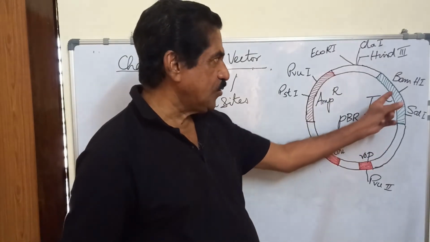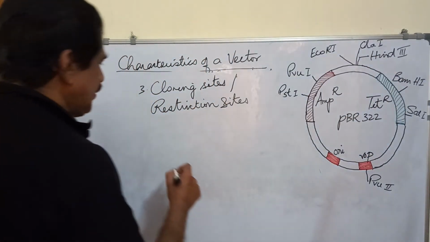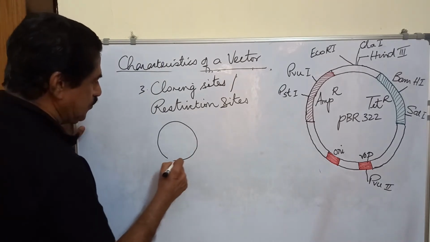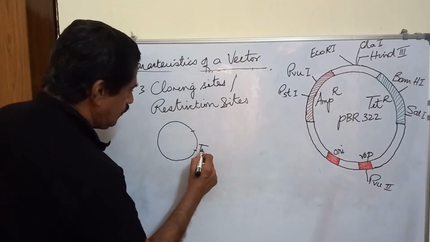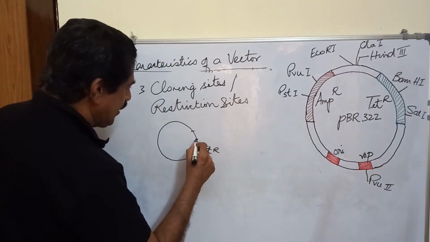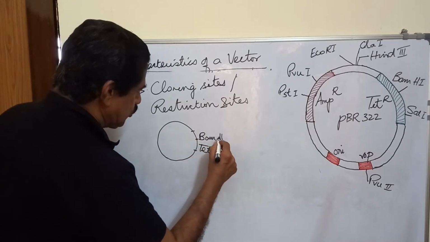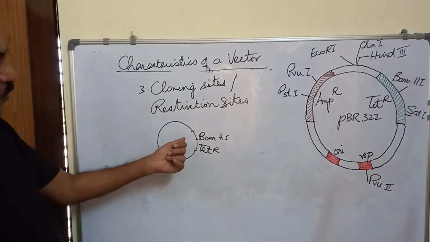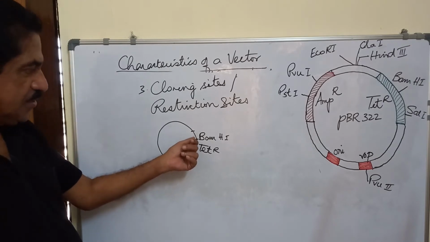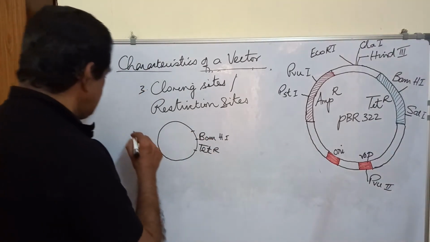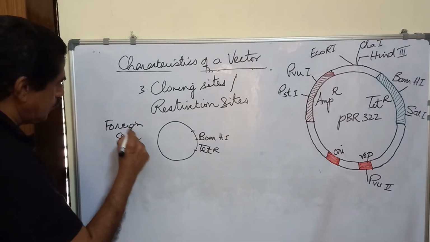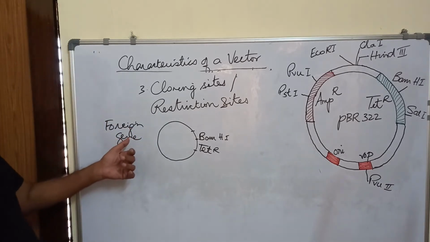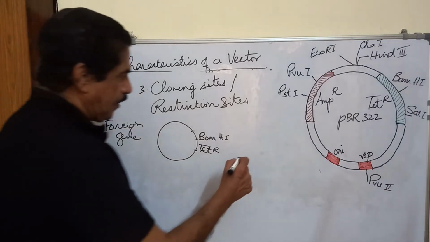Let us say we are going to use BamHI. If this is pBR322, this is the tetracycline resistance gene. We are going to cut here using BamHI, and we introduce the foreign gene. This is the gene that we are going to multiply inside E. coli.